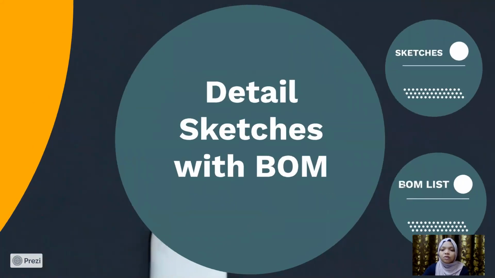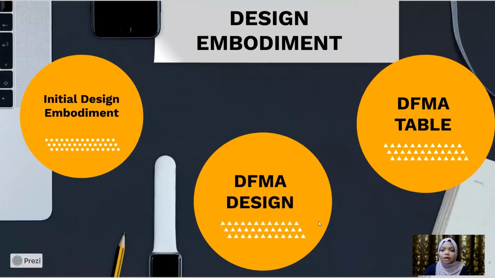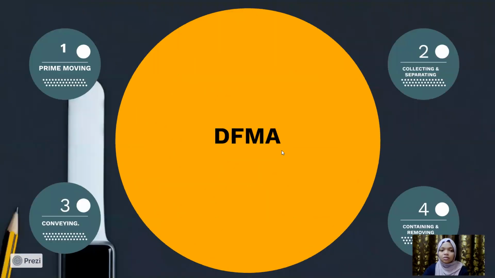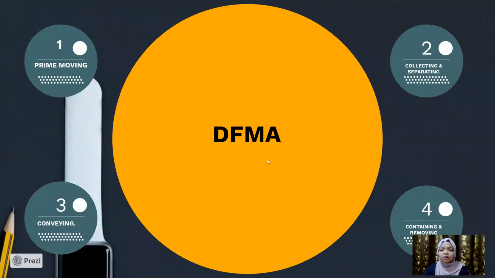So let's move on to the DFMA design. For DFMA design, we divide it into four sections: number 1 is prime moving, number 2 is collecting and separating, the 3rd one is conveying, and the 4th one is containing and removing.